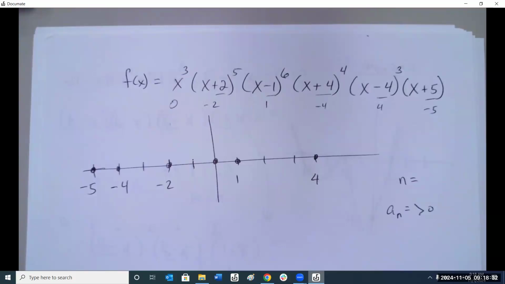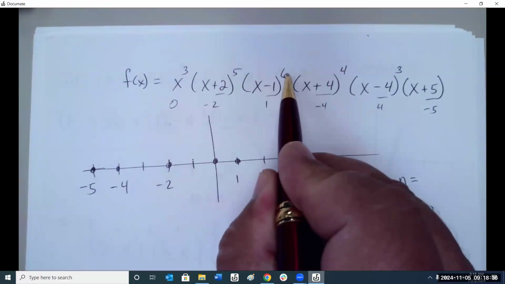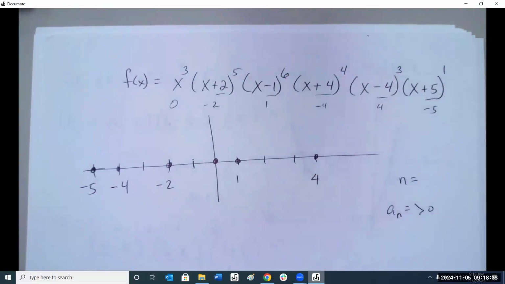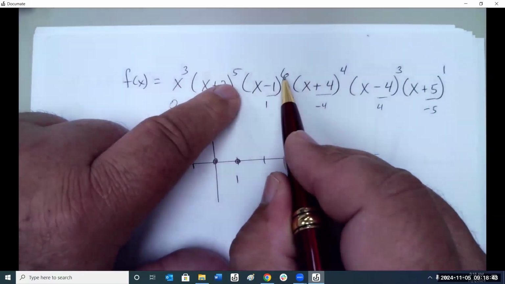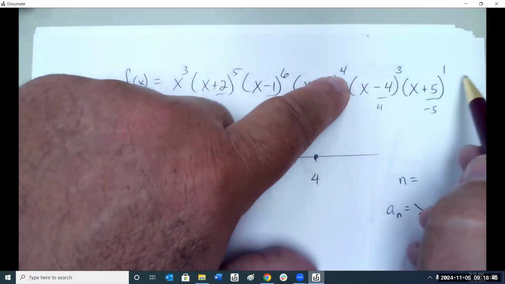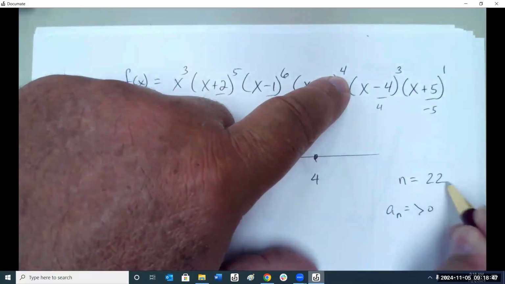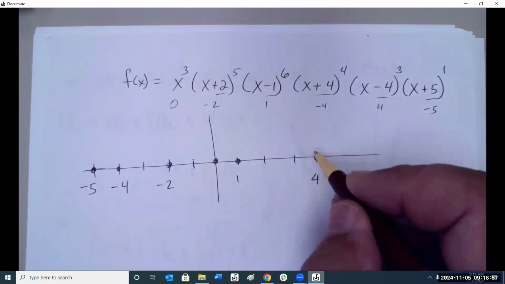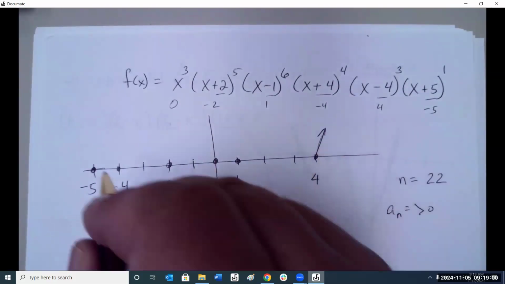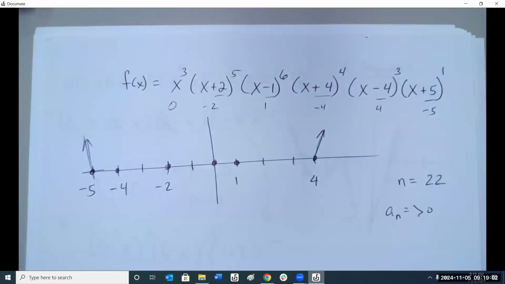It's 22. I think you're right. Add the exponents. 3 plus 5 is 8, 6 plus 4, so it's 18, 19, 22. Very good. So what does it tell us about the end behavior? It's even and it's positive. So since that's true, both ends go up.